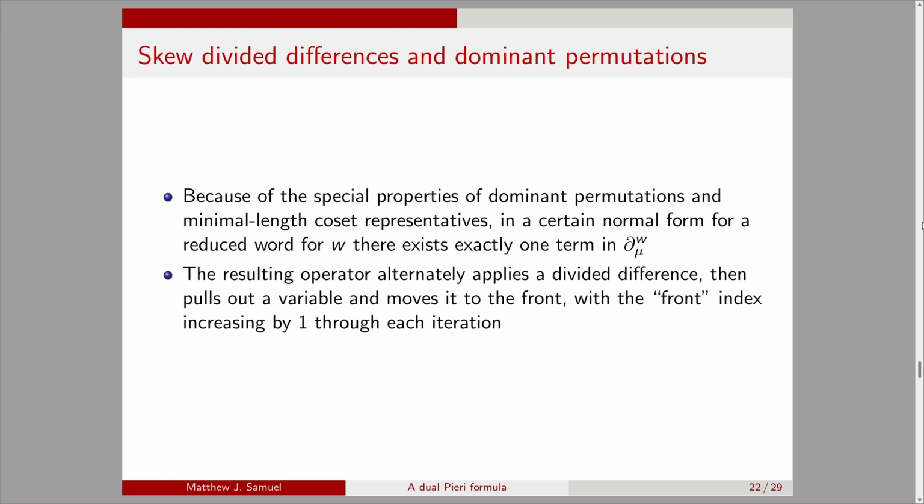There is exactly one reduced subword for mu in the normal form for w. And this operator is predictable. It alternately applies a divided difference, then pulls out a variable and moves it to the front, with the front index increasing by 1 through each iteration.